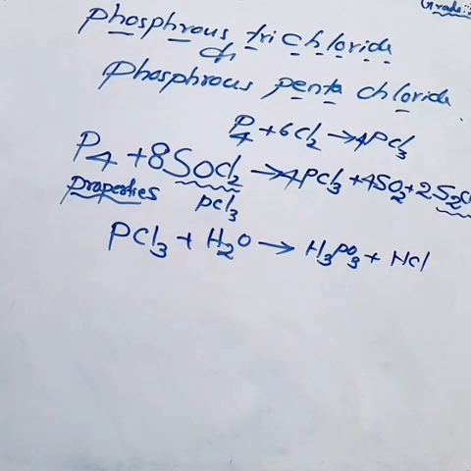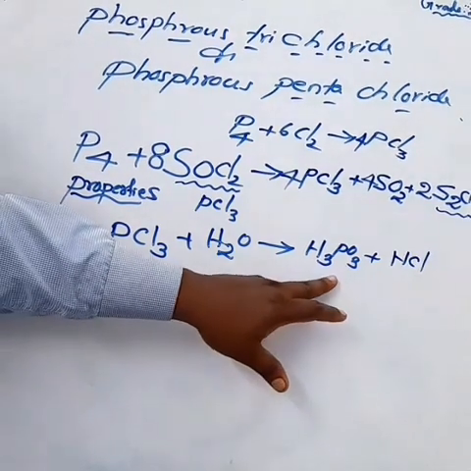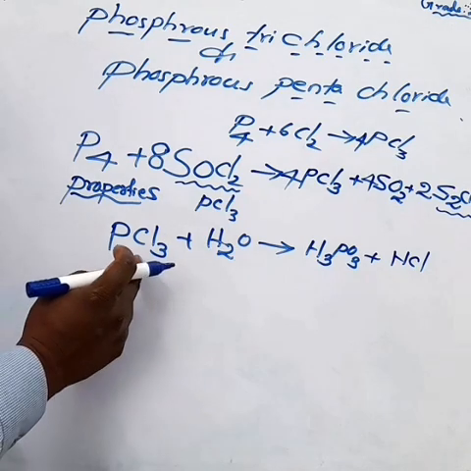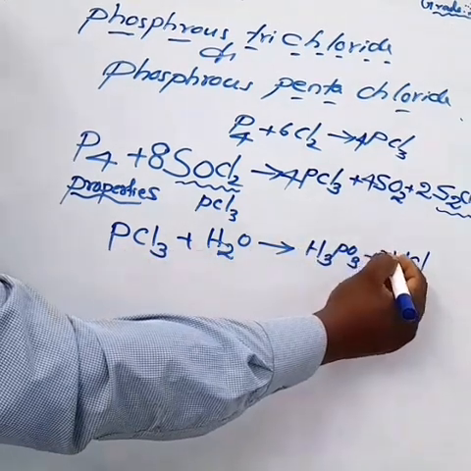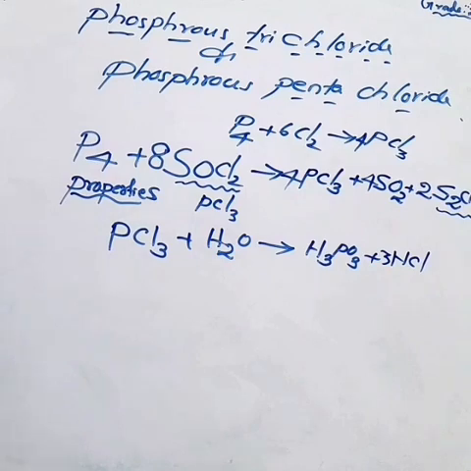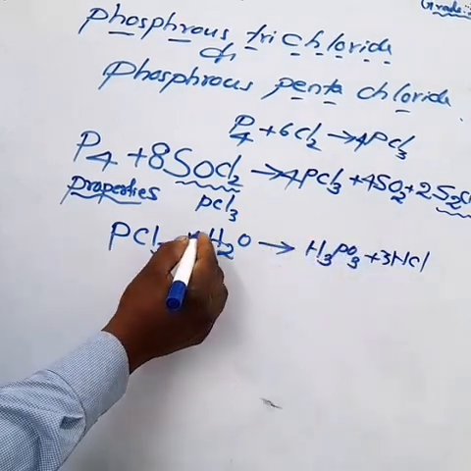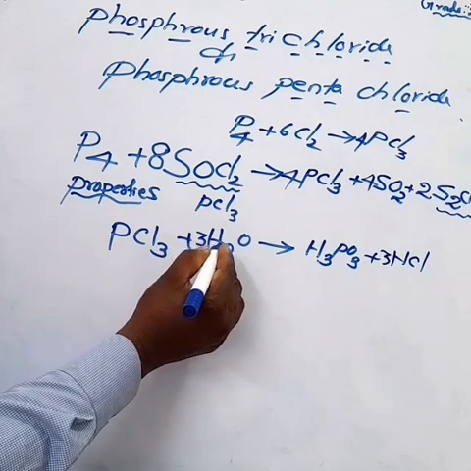What's the name of the compound H3PO3? Phosphorus acid. So in the reactant side, how much chlorine is there? 3 chlorine. So make it the product side 3 chlorine, that is 3 HCl. Next, about the product side, how much hydrogen is there? 3 plus 3, 6. So make it the reactant side 3 water molecules.